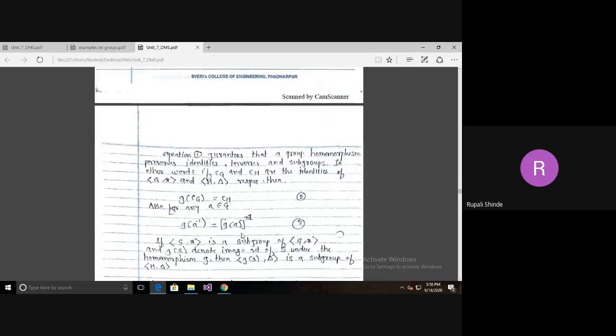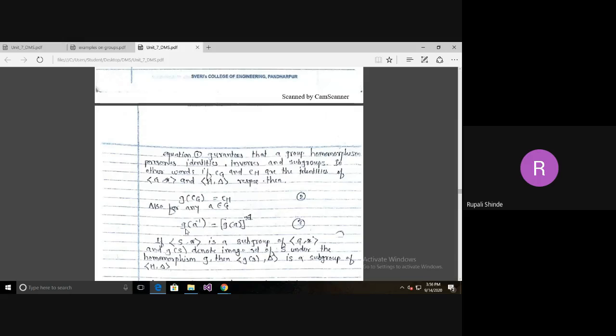Now we have to check the second condition, and that is for the identity element. So what does g(e_G) mean? e_G is the identity element for group G. If you apply function g on the identity element of group G, you will get the identity element for group H. That's why g(e_G) equals e_H. And the third one is for the inverse element.